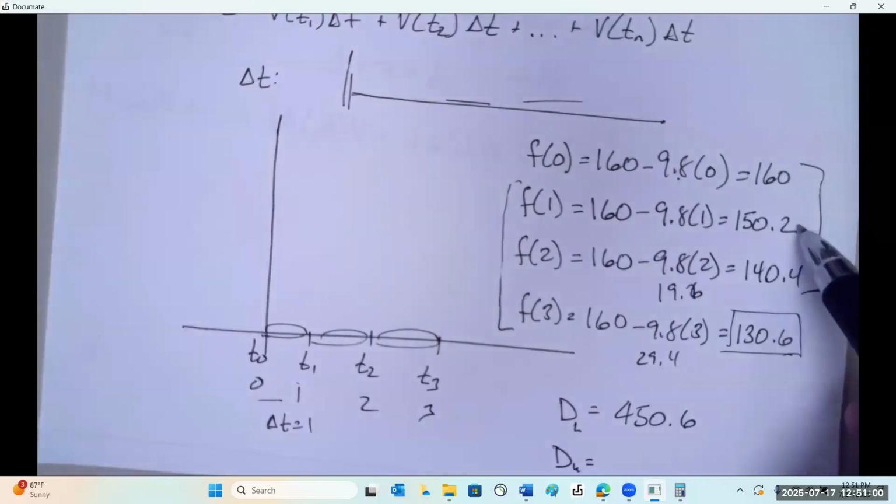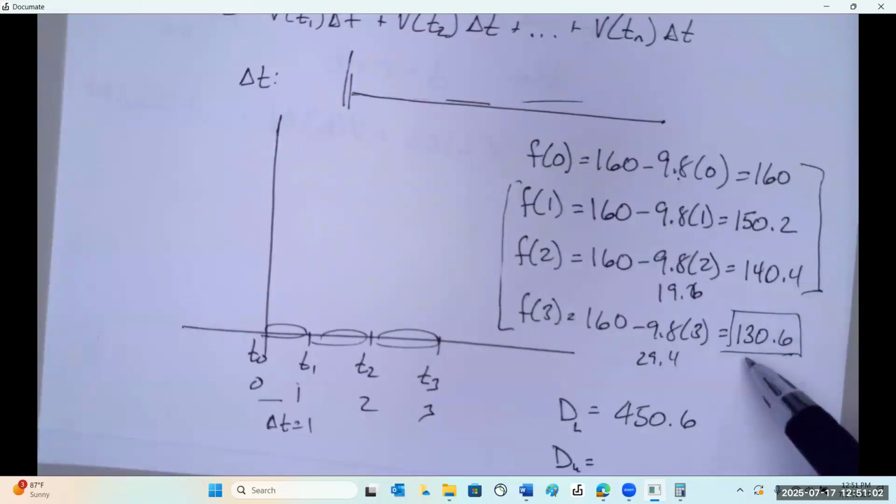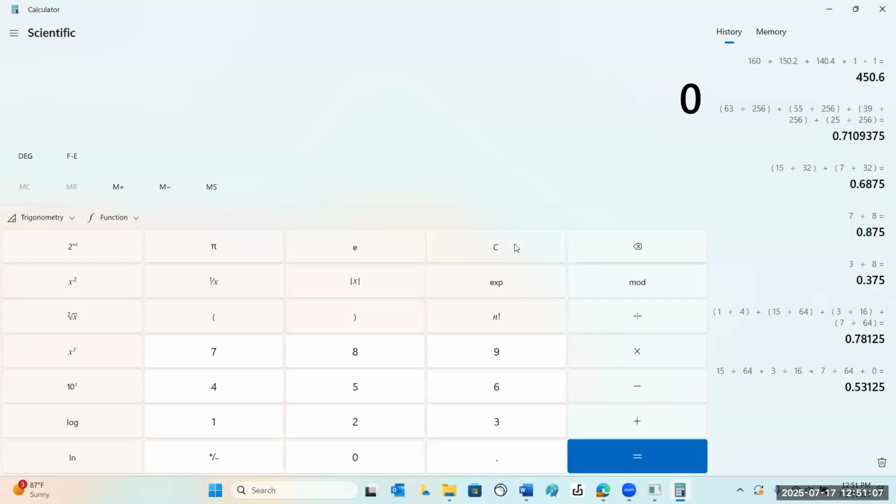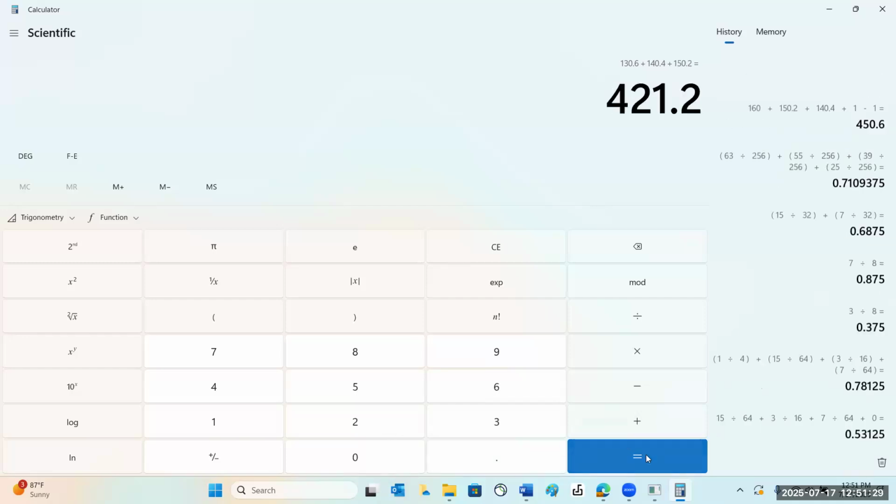We have 150.2, 140.4, 130.6. Adding those gives 421.2.